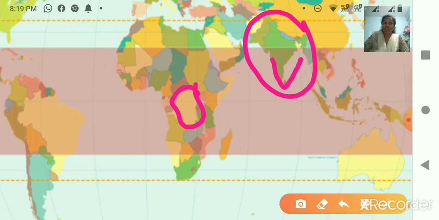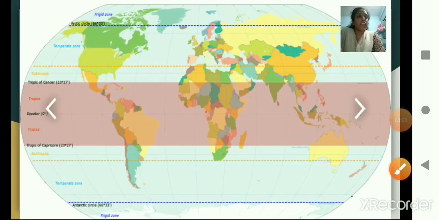So children, do you remember the conversation between Gauri and Sumit? Yes. Sumit lives in this region. As this region lies in torrid zone, the temperature is very high. Okay?